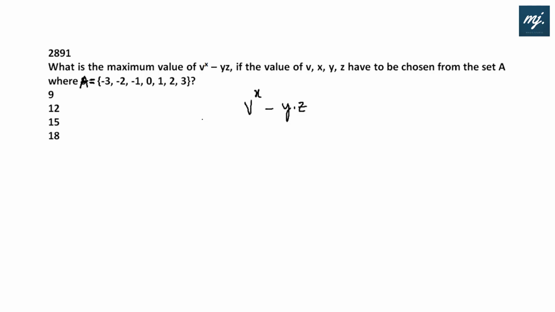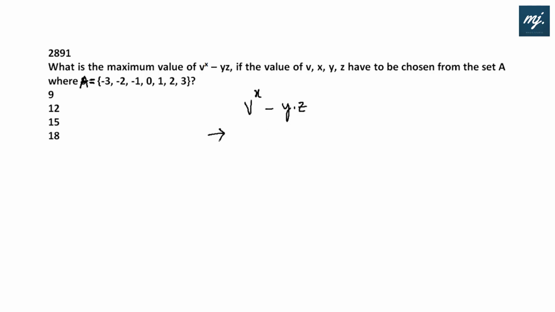Now if I use them in a repetitive way, I can see if I take v, the maximum value is 3 to the power 3, which is 27, and if I choose 0 here also, but none of the options is given as 27, then it is quite obvious that these numbers need to be taken only once.